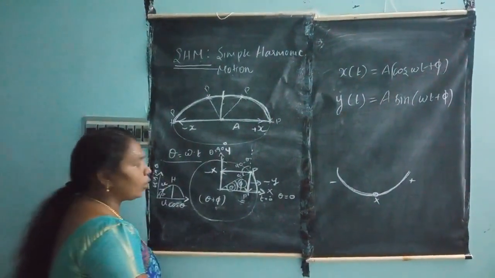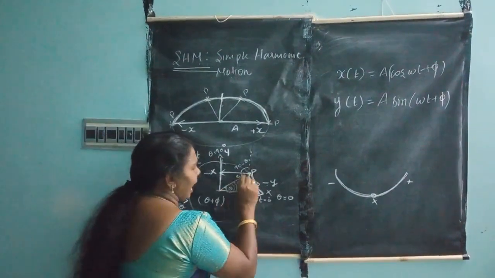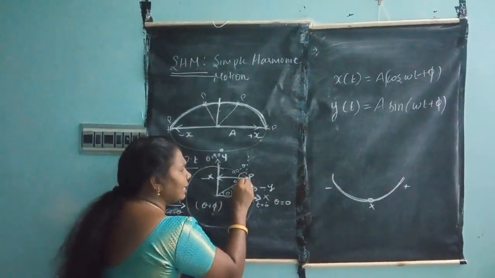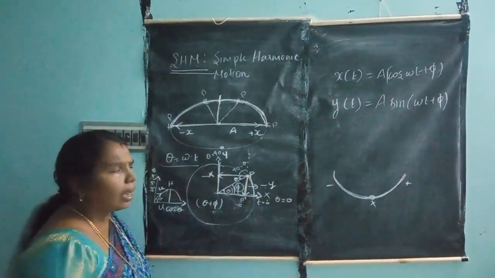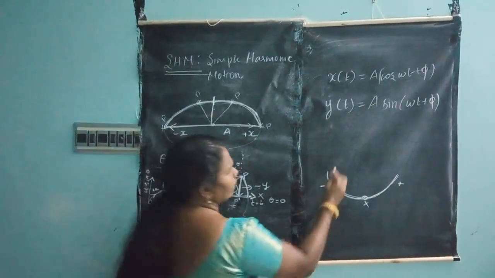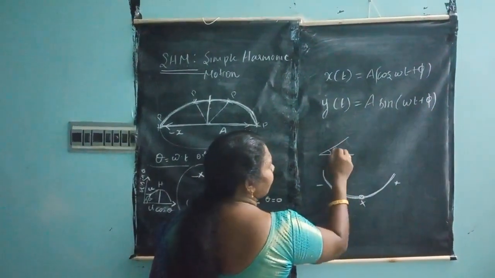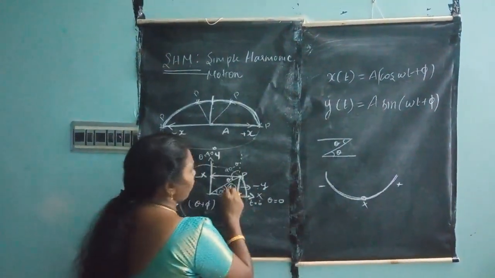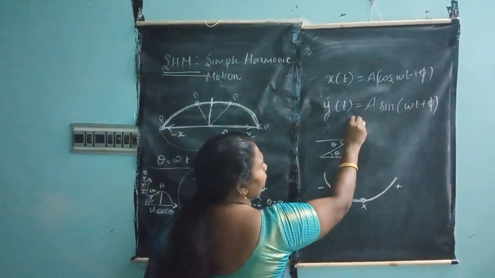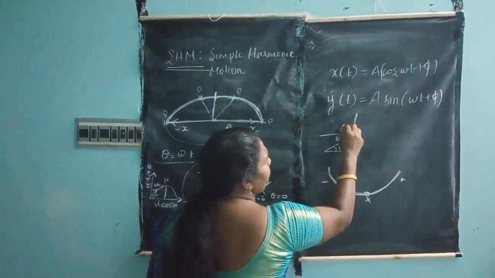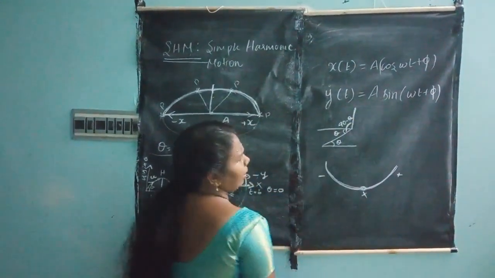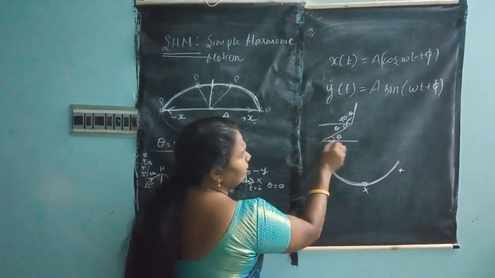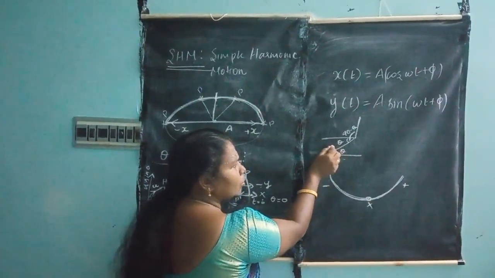Also you need to know one thing. This is the angle theta. What is the alternate angle? The alternate angle is also theta. So when is it perpendicular? The total angle can be represented as 90 minus theta. If the angle is theta, the alternate angle is also theta.